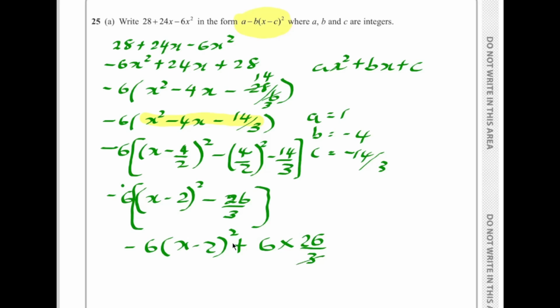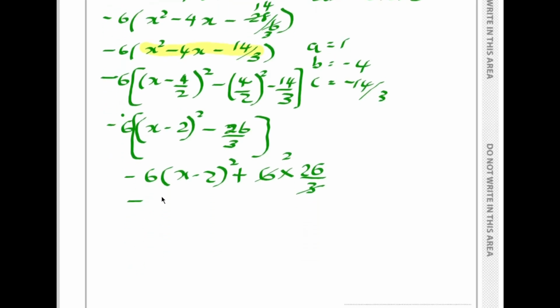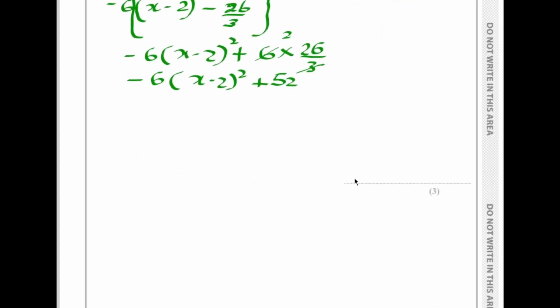So through 3 times 1, 3 times 2, the final answer comes as minus 6 times x minus 2 squared plus 26 into 2, which is 52. So we've been asked to arrange this one forward. Let's finalize in that way. Then my answer would be 52 minus 6 times x minus 2 squared.